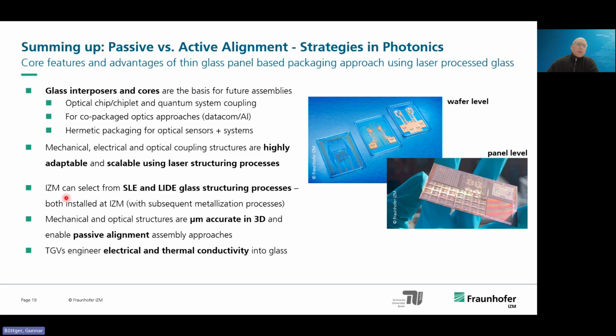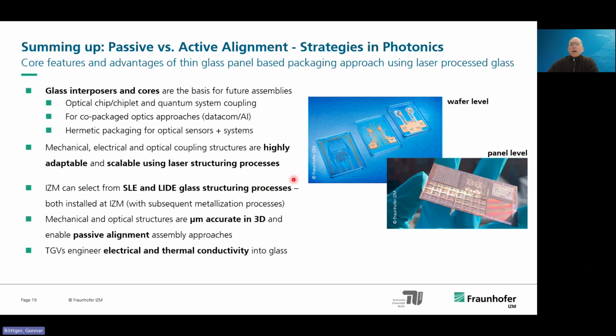We are in the lucky position to be able to select from both processes, SLE and LIDE, because we have both processes installed at IZM. So we are looking forward to combining the two, the one being very fast and the one being the more accurate process. So we are creating mechanical and optical structures that are accurate in 3 dimensions, and that potentially enable passive alignment assembly approaches.